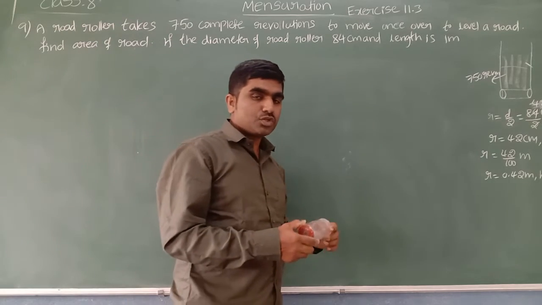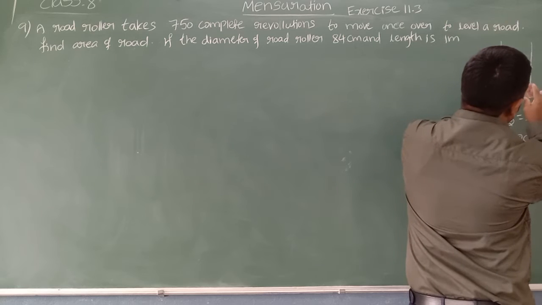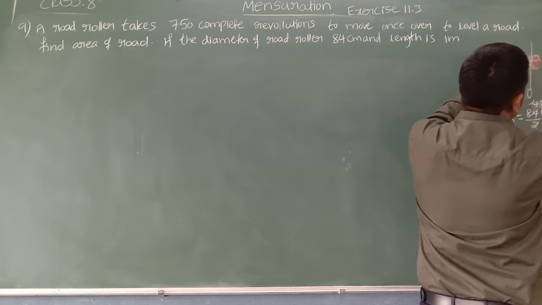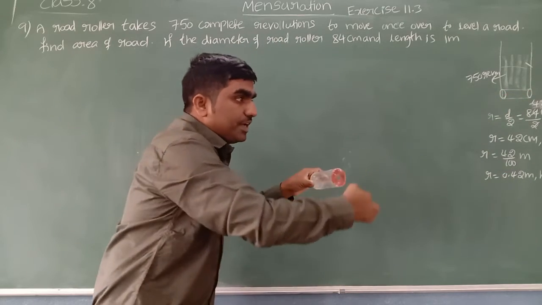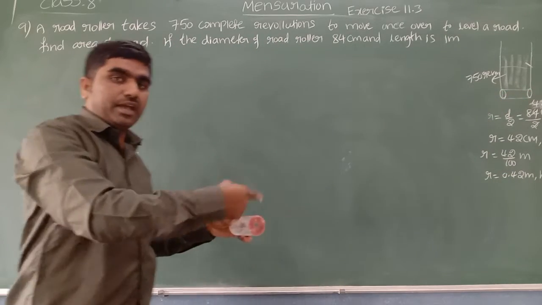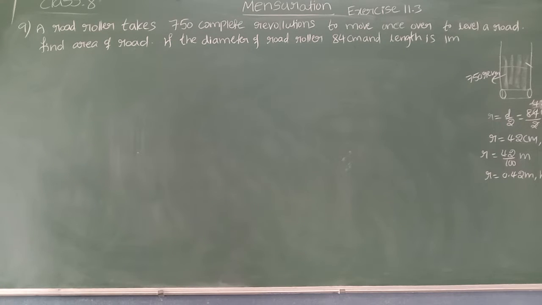Hope it is clear. One important thing we need to observe: when it covers its LSA once completely, it is equal to one revolution. Now we can find the area of the road.